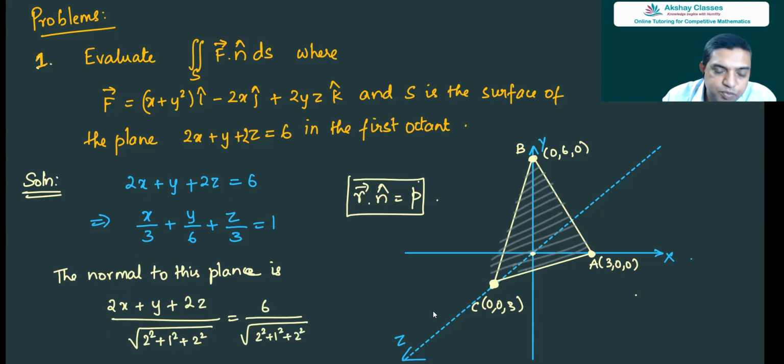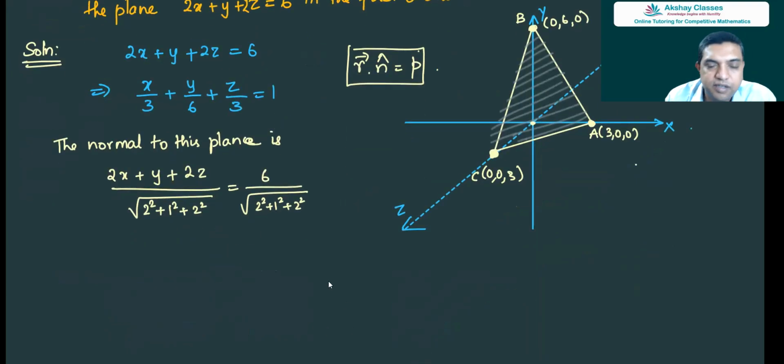Now 2 square plus 1 square plus 2 square is 9, under root 9 is 3. So we have (2x plus y plus 2z) upon 3 is equal to 6 upon 3, which is 2.